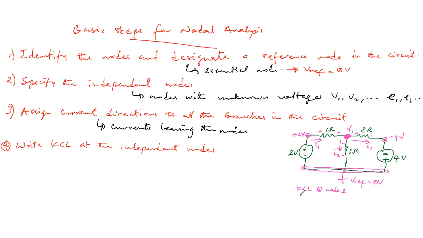It means that the sum of currents entering that node is the same as the sum of currents leaving that node. That is KCL at that node, okay? And so we have I1 going into this independent node, and it is the same as I2 and I3 flowing out, the sum of the currents leaving the node, I2 plus I3. That's the fourth point.